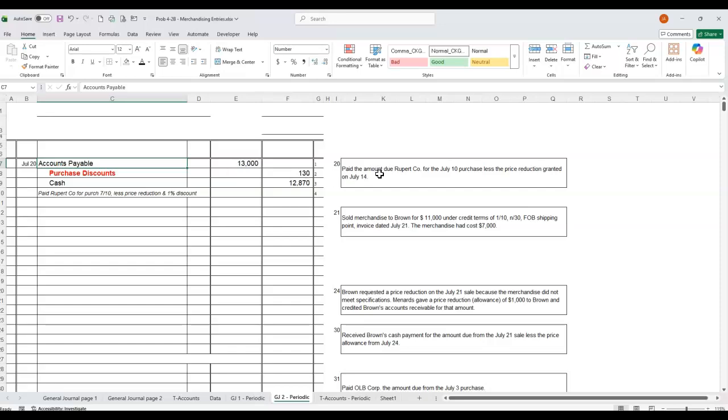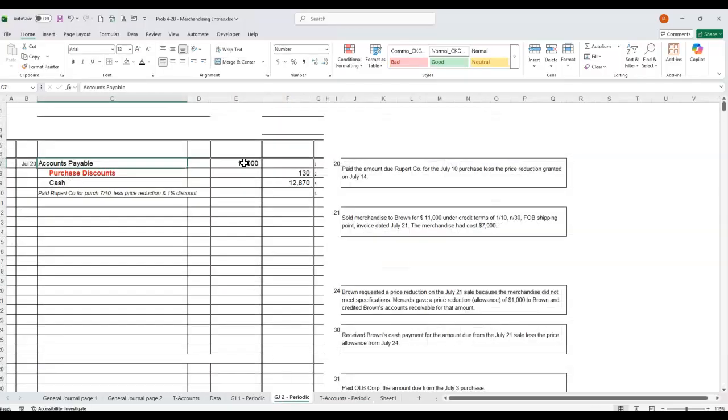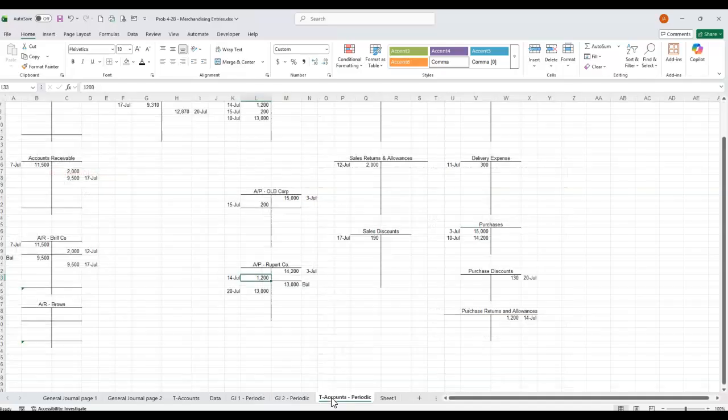We're going to pay Rupert the amount that we owed them. And if you look at Rupert's account here, we owed them $13,000 after the purchase and the return. So we're going to debit their account for $13,000, and we're going to credit cash for the net amount that's due, and we're going to credit an account called purchase discounts again for the amount of the discount we earned instead of crediting the inventory account.